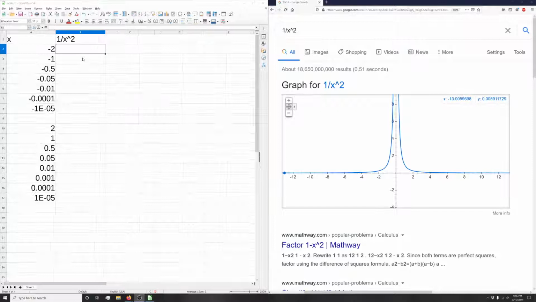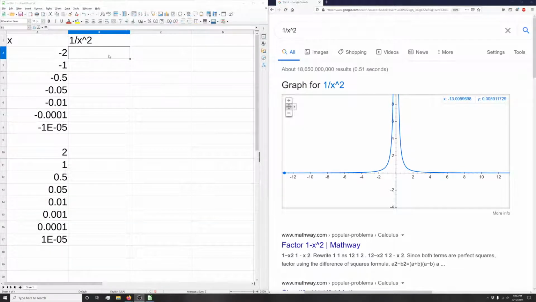So I have my LibreOffice spreadsheet open. Over on this side, I will do the calculation. It should be A2. There we go. So the function at x equals 2 is a quarter. At 1, it's going up to 1.